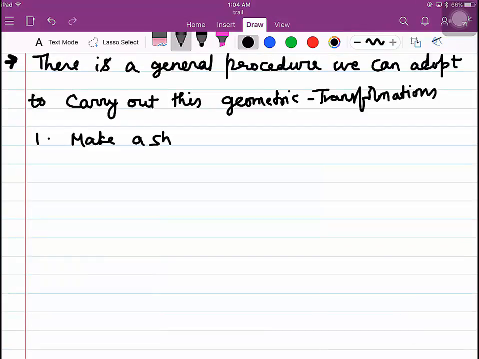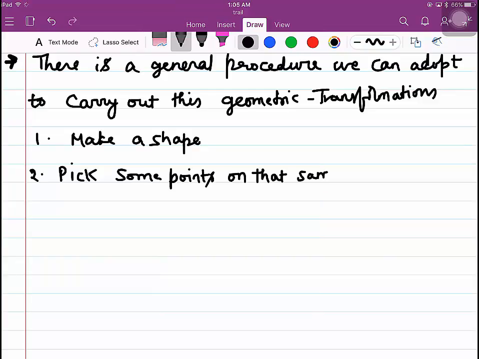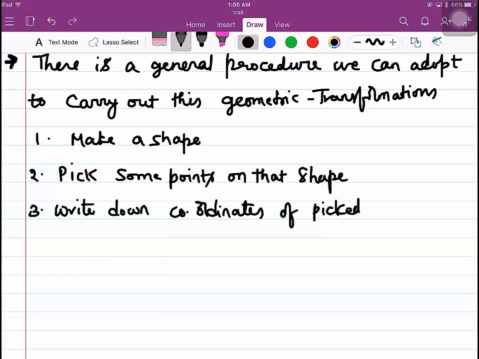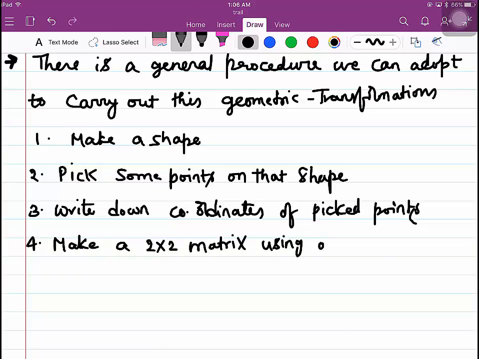The first step is making a shape of your own interest and picking some points, especially on the perimeter of the shape, and writing down the coordinates of those points. Take at least 10 points. The crucial step is making a 2 by 2 matrix using +1, -1 or zeros.